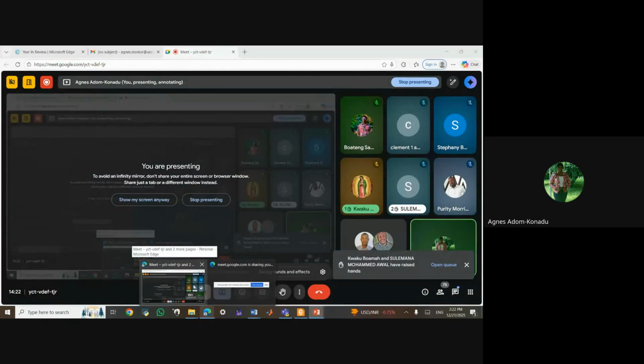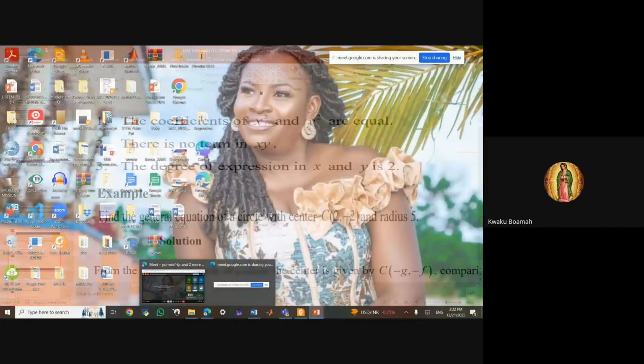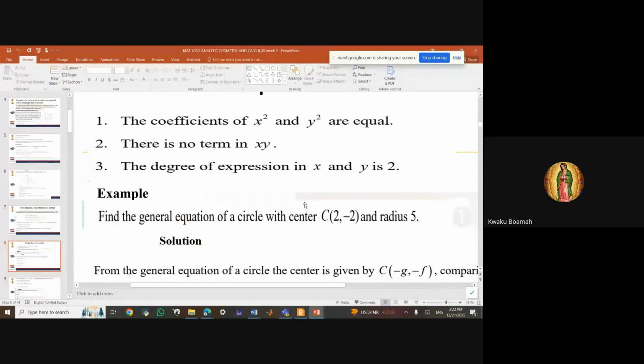Kweku? Hello, madam. I had x squared plus y squared minus 4x plus 4y plus 17 equals 0. How did you do it? I used the general. You have to find the general equation, so you didn't use the general. I used the formula r squared equals (x minus a) squared plus (y minus b) squared, substituting r, which was given.